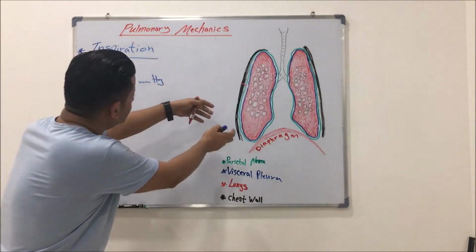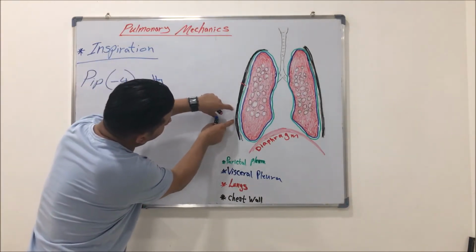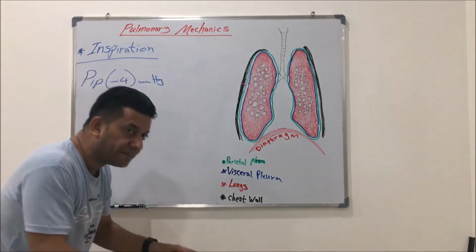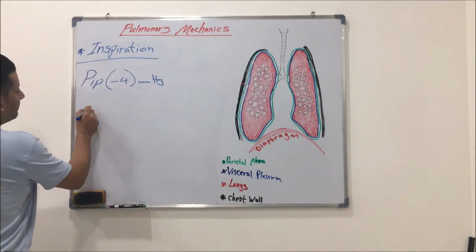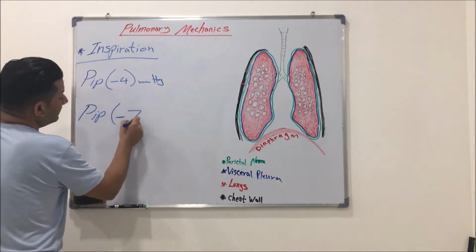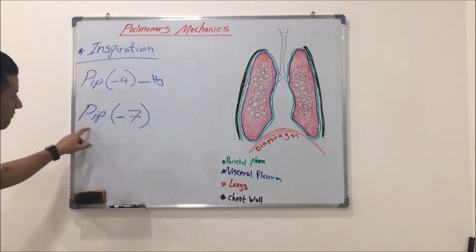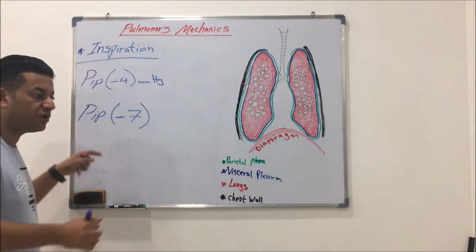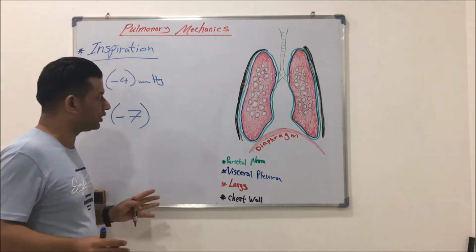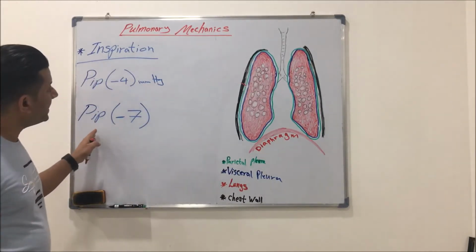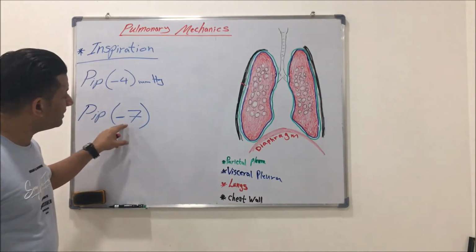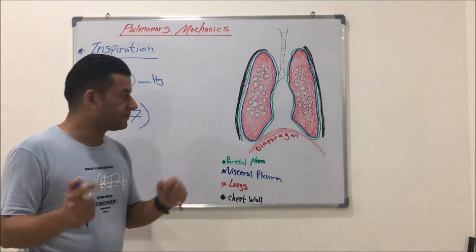So this will cause pulling on the parietal pleura, and the intrapleural pressure will decrease. Intrapleural pressure now will become -7 because of expansion of the chest wall. So when the intrapleural pressure becomes -7, what will this cause?